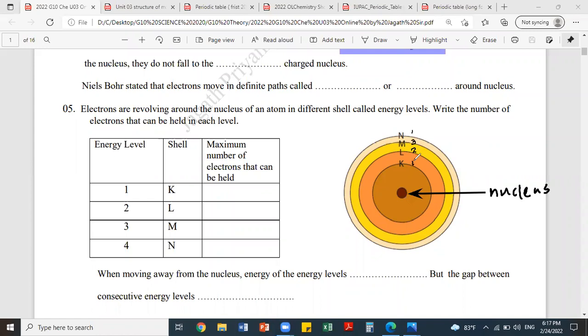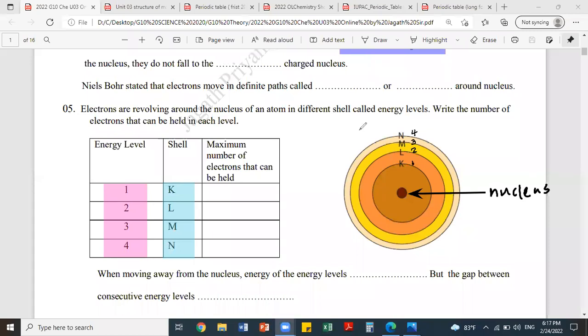We name those energy levels as different shells. The first energy level is known as shell K, the second energy level shell L, then shell M, and the fourth energy level N.